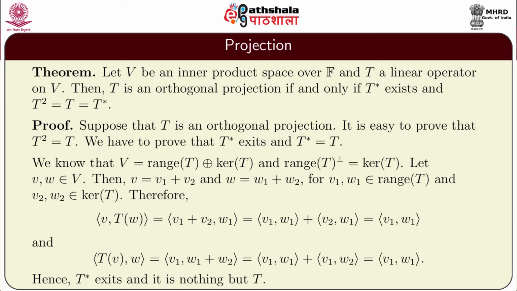And similarly, the inner product TV comma W is inner product V1 comma W1 plus W2, and that is inner product V1 comma W1 plus inner product V1 comma W2, and we finally end up with inner product V1 comma W1. Therefore, we see that the right hand sides match and therefore the left hand sides match.